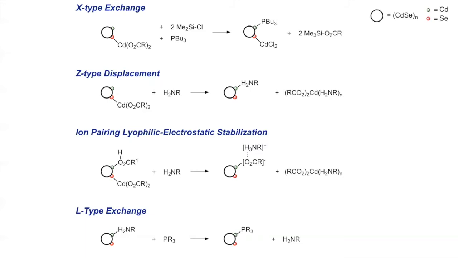And we talked about the importance of forming ion pairs, particularly when there are acidic hydrogens around, and the difficulty distinguishing an ammonium carboxylate adsorbed to a particle surface and a cadmium carboxylate and an amine adsorbed. Differentiating between that hydrogen ion and the cadmium ion is very difficult to do, but possible.